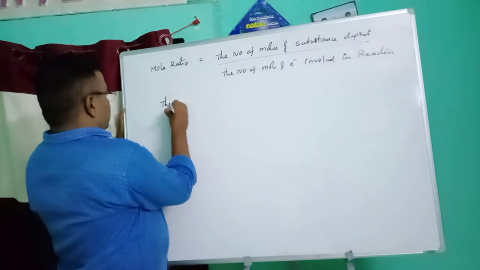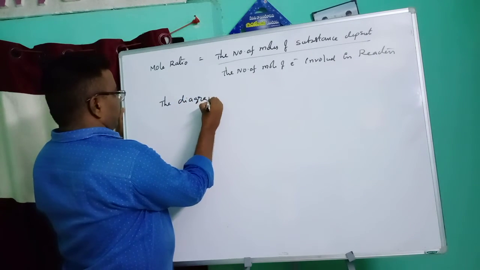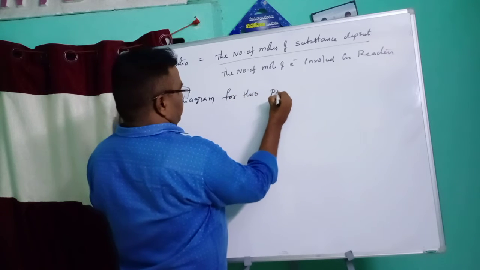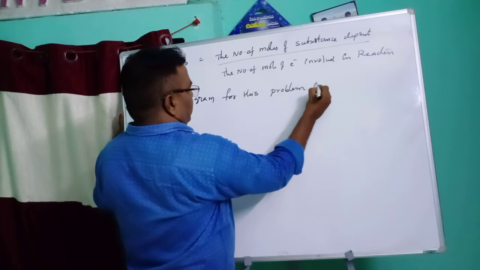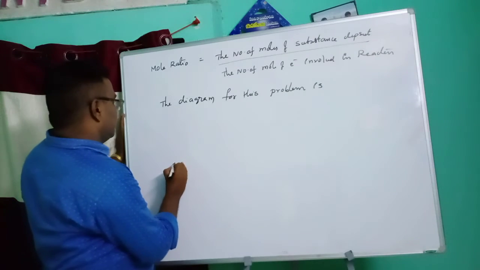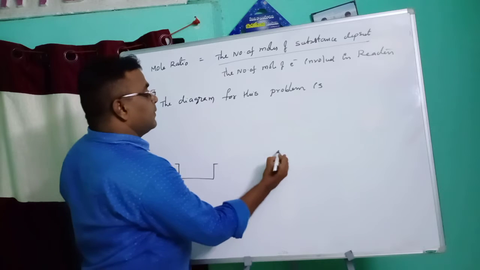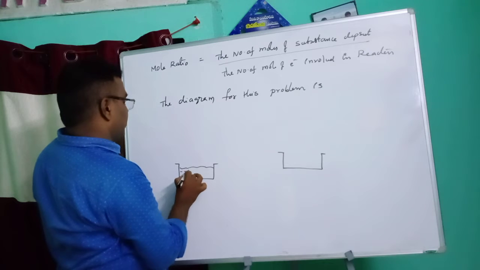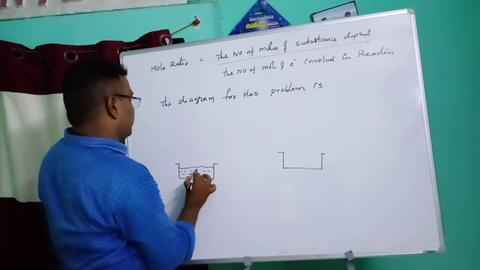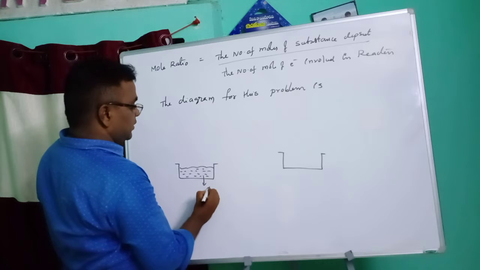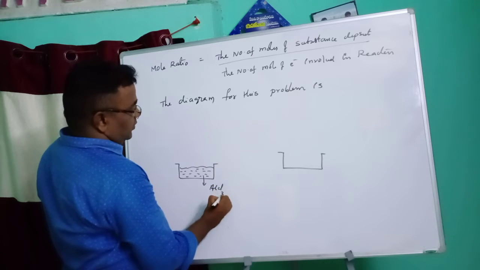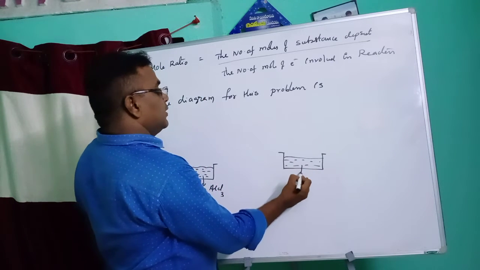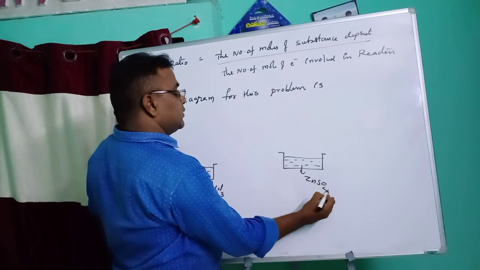So the diagram for this problem is two half cells. The first half cell contains aluminum chloride solution. The second half cell contains zinc sulfate solution.